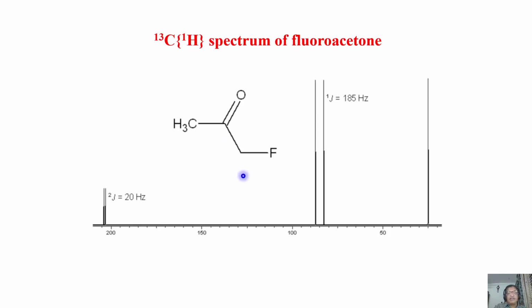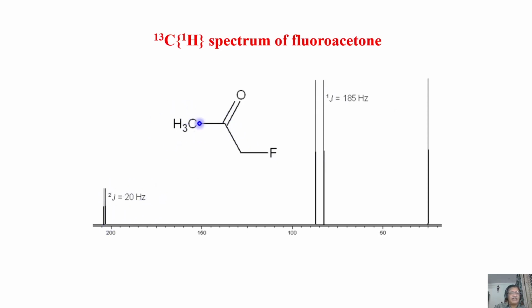So, look at the carbon which is attached to fluorine, this one. This has a large coupling, nearly 185 Hertz is seen here. And this carbon can also have a long range coupling to this carbon, the CO carbon. See, a long range fluorine-carbon coupling of 20 Hertz is there.